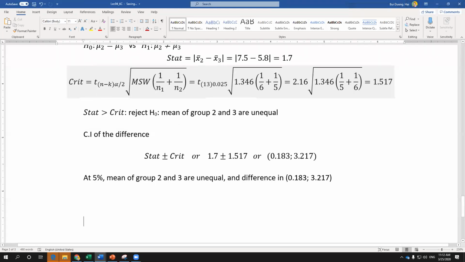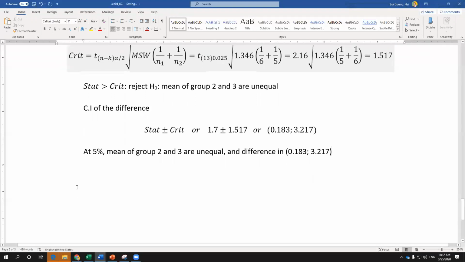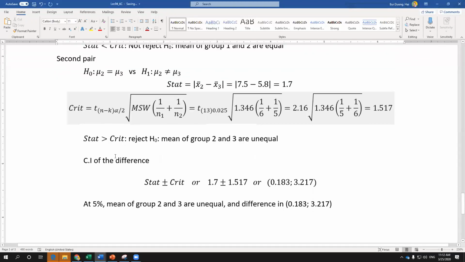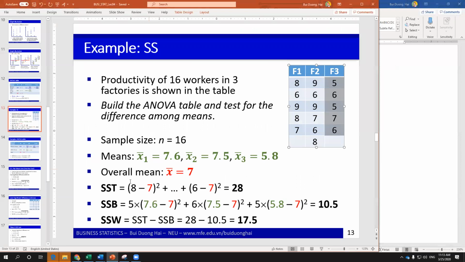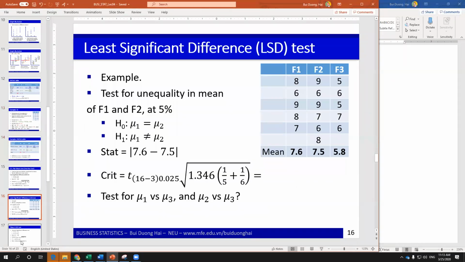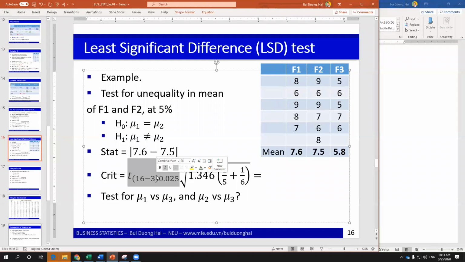You can do the similar for the third group, the third pair. Do it at home, please. This is your mu1 and mu3. Your exercise. Okay. Then for the LSD test, apply the t statistic.